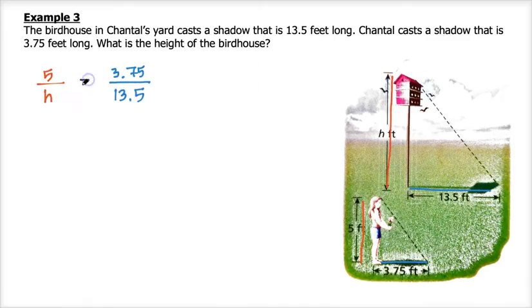So I set these ratios equal to each other. And now again, I'll use cross products to find my letter h. So 5 times 13.5.